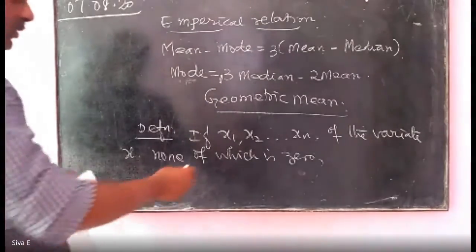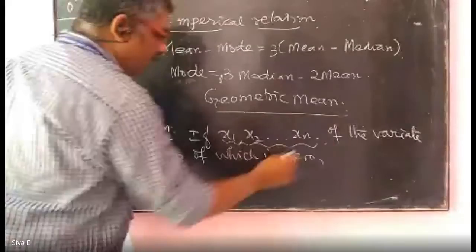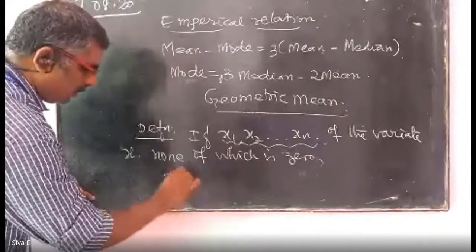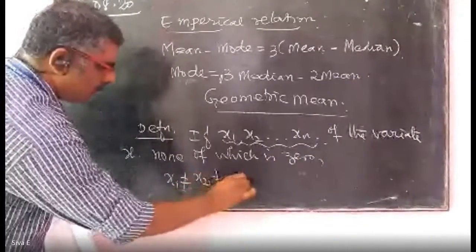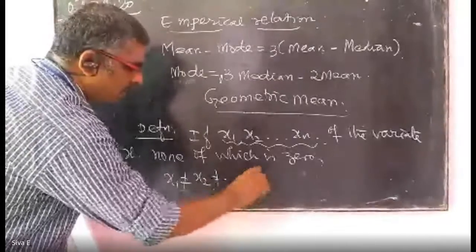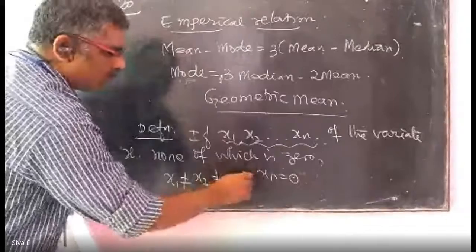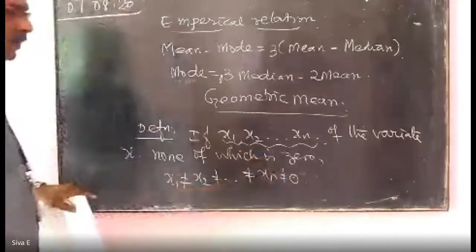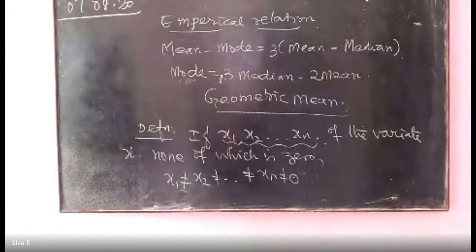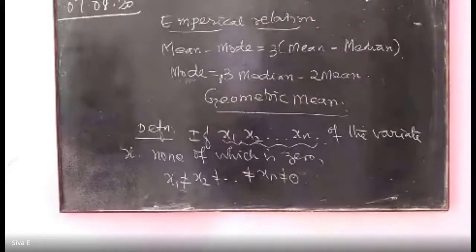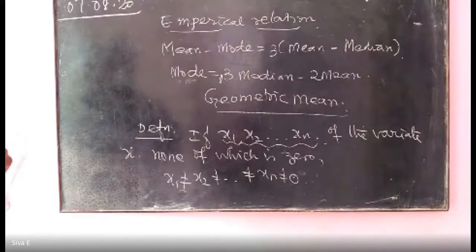See, you are observing x1, x2, ..., xn. That means the values should not equal 0. Whatever data you are observing, none of the values should equal 0, then only we can calculate that geometric mean.